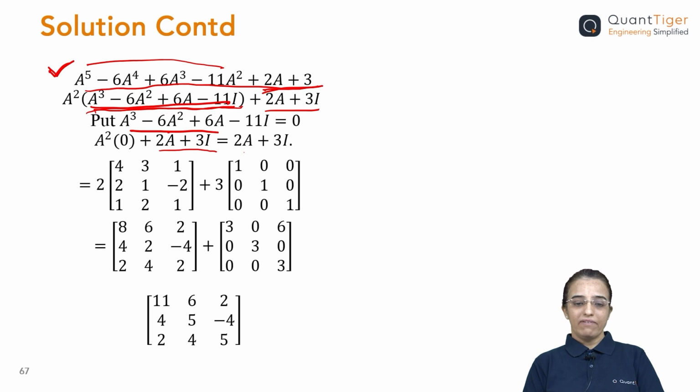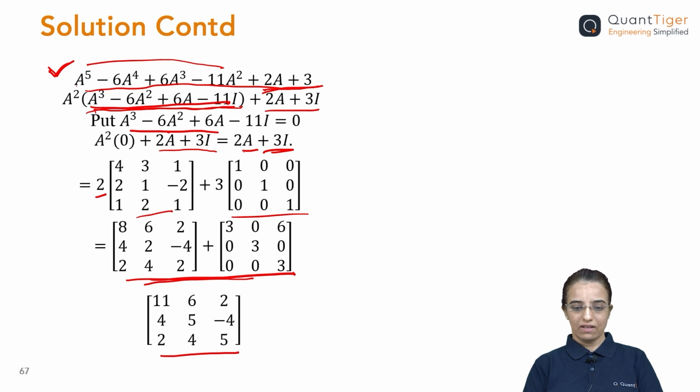So now A की value हमें पता है, that is nothing but the given matrix, plus 3 into I is nothing but unit matrix. So by simply multiplying 2 with the given matrix I have received this matrix. And finally we just added these 2 matrices and we got this answer, which is nothing but the value of the given expression which they were asking for.